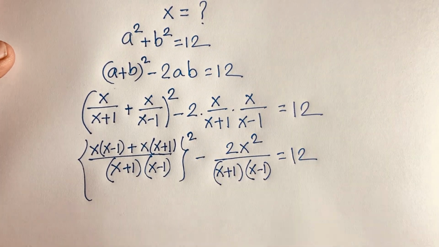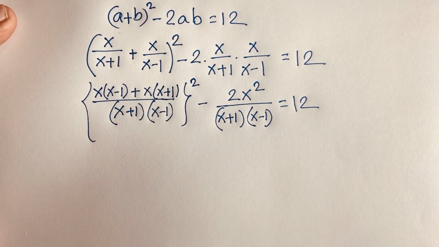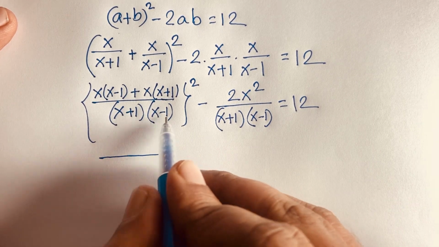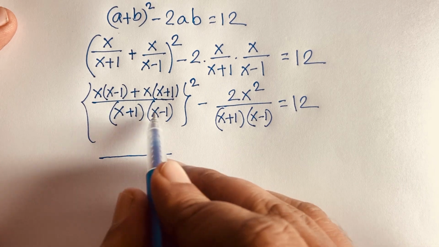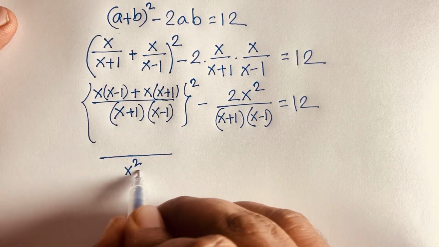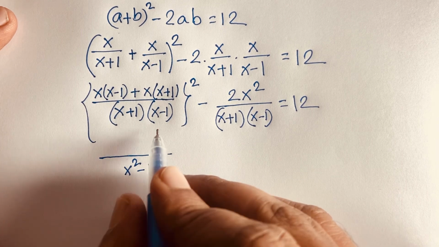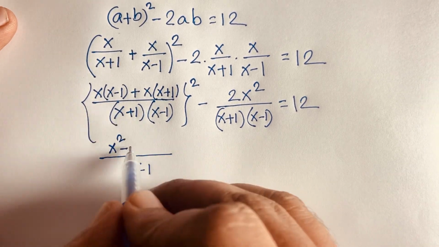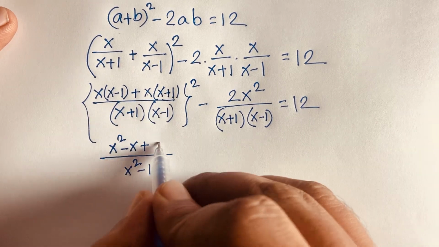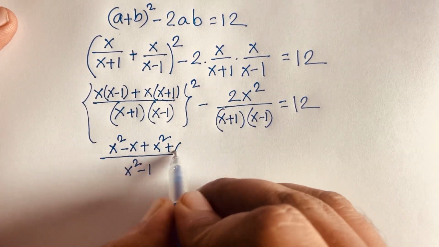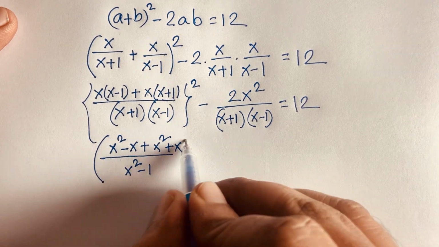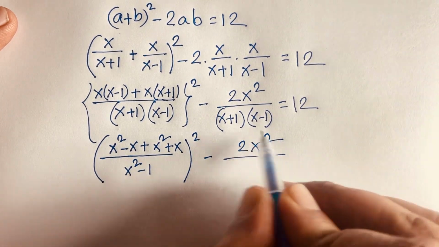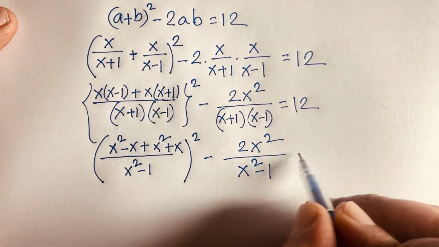Then this equation becomes, look, (x+1) and (x−1), according to the rule (a+b)(a−b) = a² − b², so it will be x² − 1. This time x² − x plus x² + x, and the bracket power is 2, minus 2x², over x² − 1, is equal to 12.